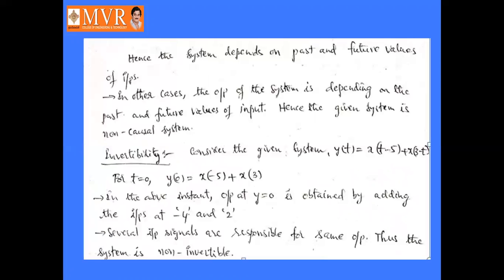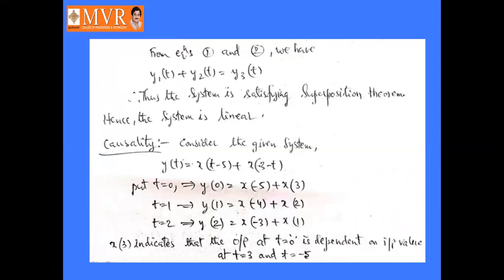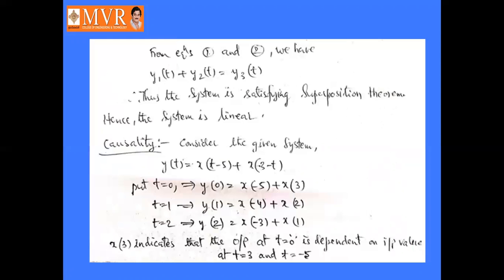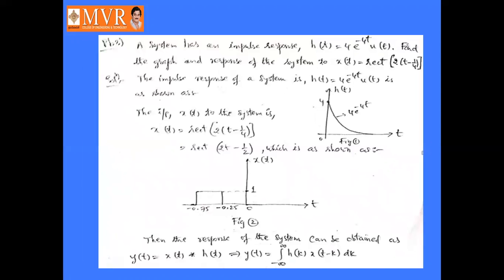So we will check the causality, invertibility, linearity for this problem also. Now we will see this problem. The system has an impulse response h of t equal to 4 e power minus 4t into u of t. Find the graph and response of the system to x of t equal to rect of 2 into t minus 1 by 4.